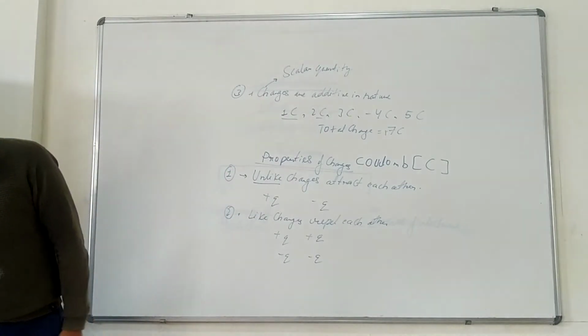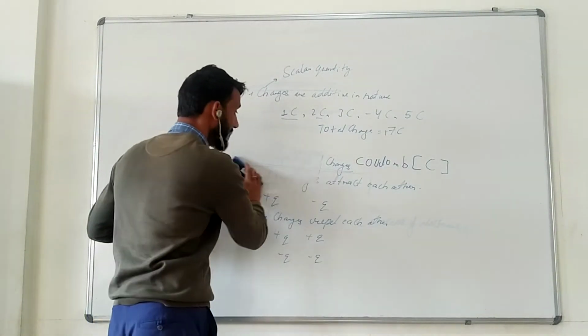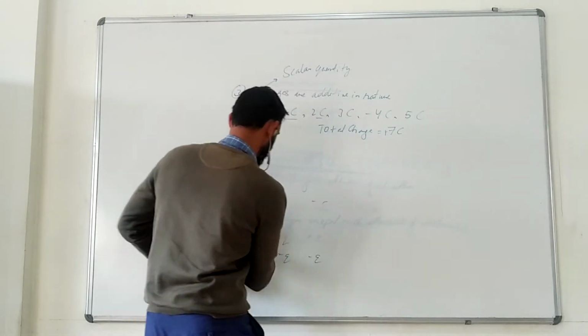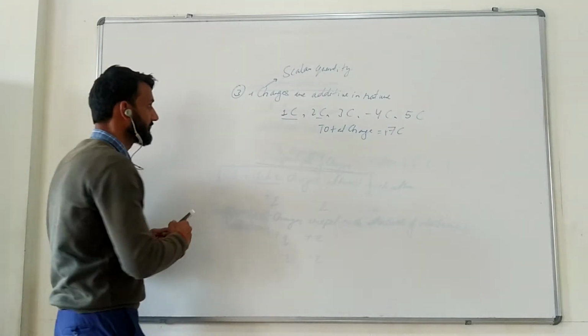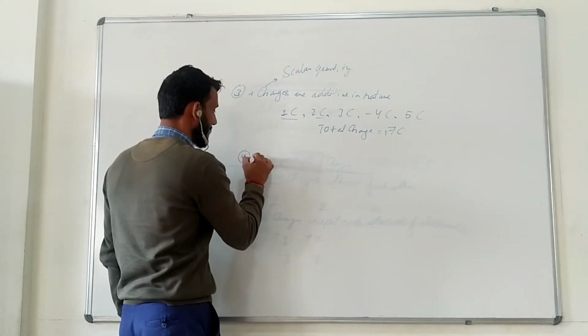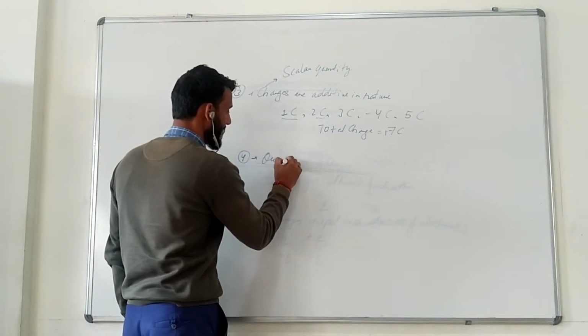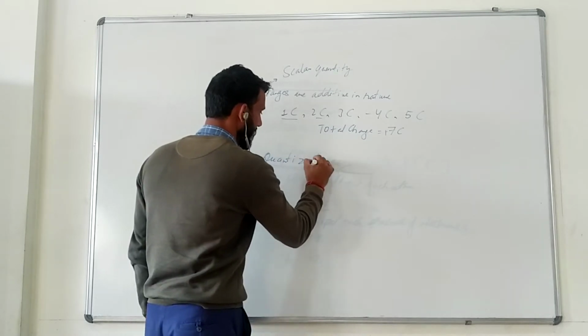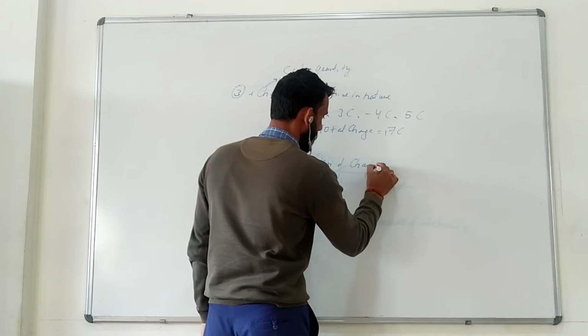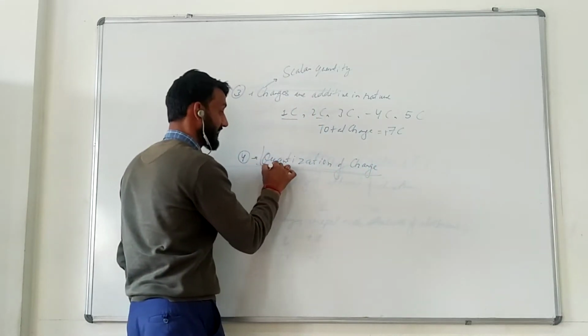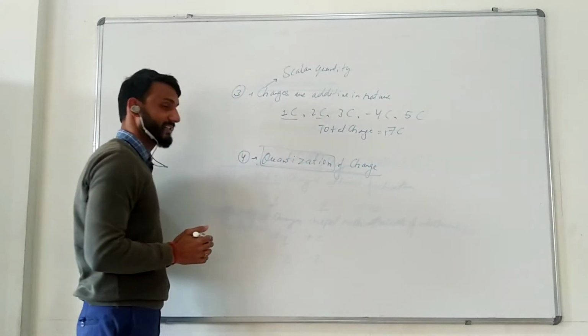Now a very important property I would like to discuss, the fourth property, is the quantization of charge. What do we mean by quantization? This is a very important keyword to understand.